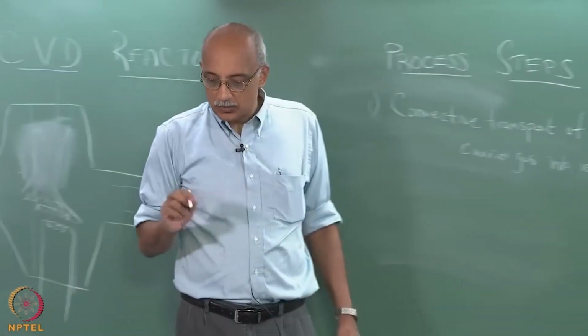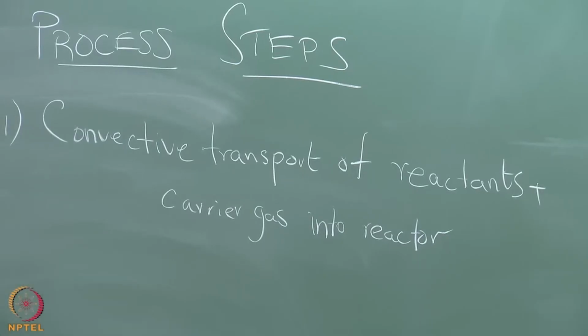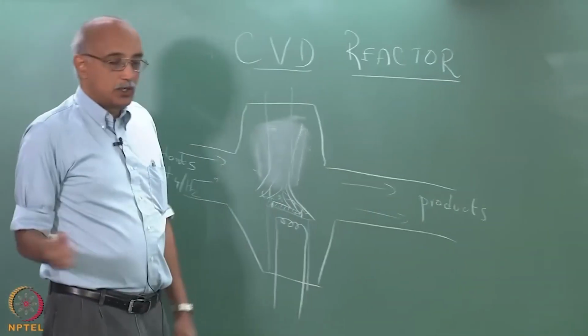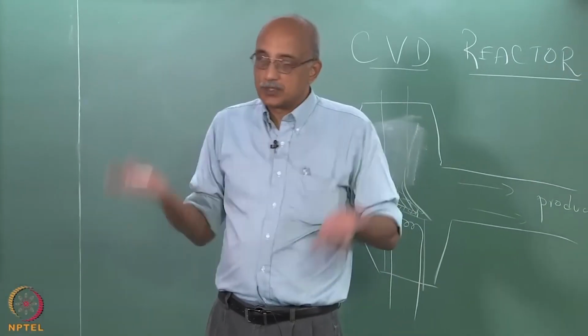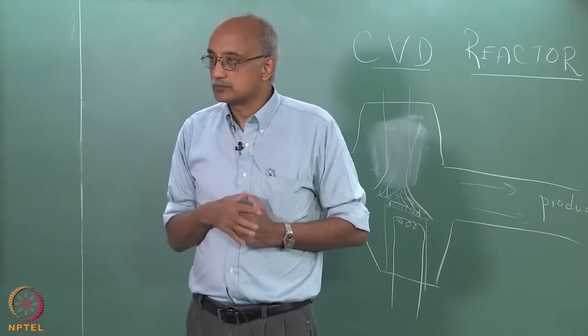So, again this needs to stabilize. You need to have the convective flow established in such a way that far from the substrate, we are not talking about flow near the substrate, but in the bulk of the reactor we want to establish a stable flow.